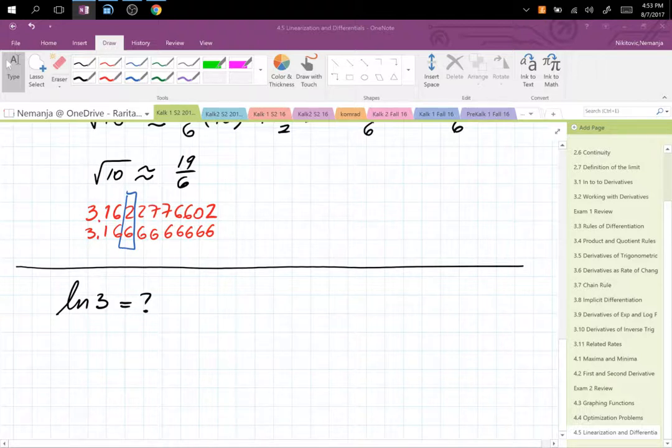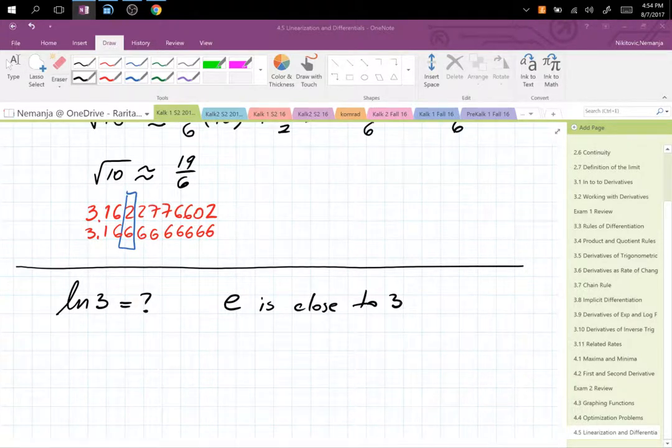Which number that is easy to compute is close to 3? e is about 2.7, 2.718, and so on. So e is close to 3. Now someone will say, well, what if I have to do 5? You still use e. What if I have to use 10? Use e squared, because e squared can be computed.